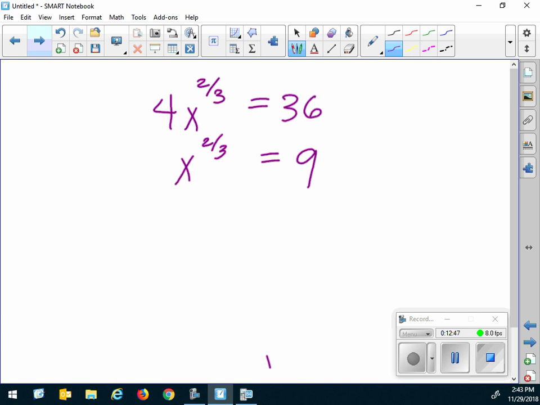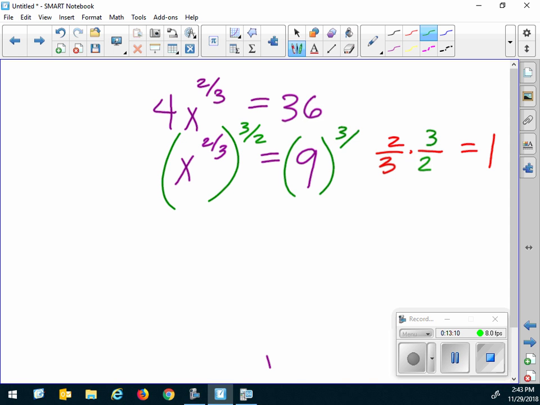Now, here's the question. What could I multiply 2/3 by to get 1? Do you buy that 2/3 times 3/2 is 1? So, what if I raised both sides to the 3/2 power? Now, when you raise a power to a power, what do you do to the powers?